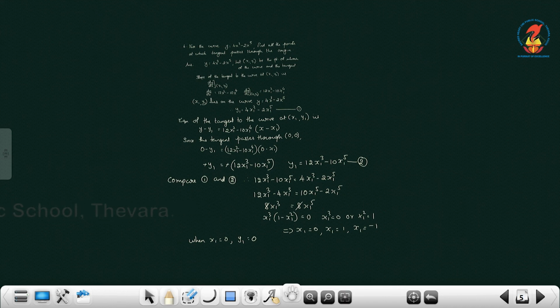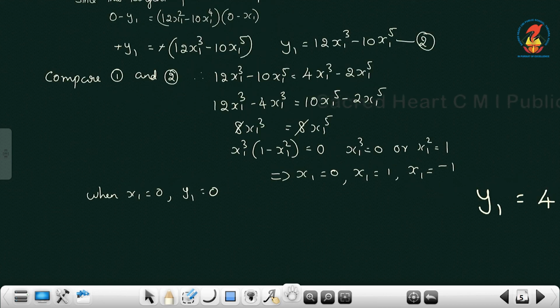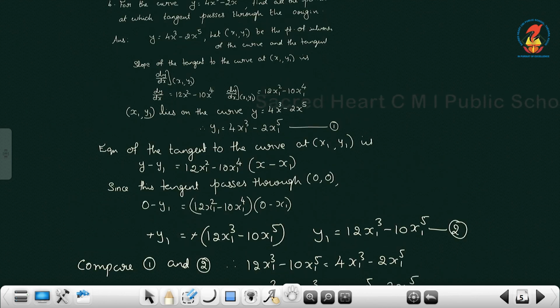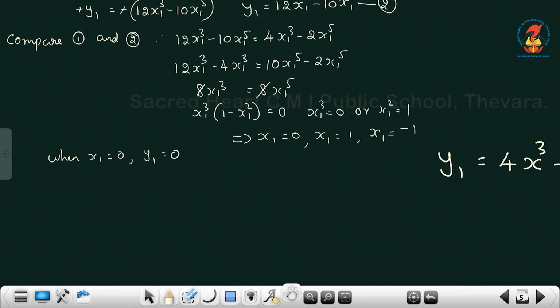The equation is 4x cube minus 2x raised to 5.